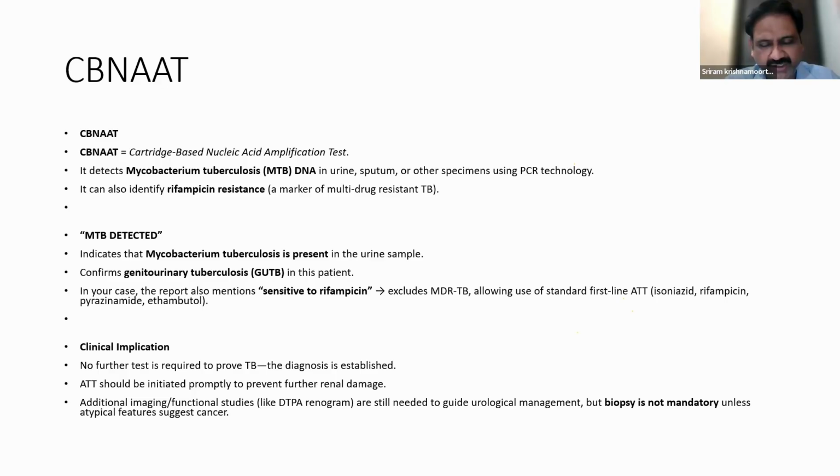And if the CB naught shows resistance to rifampicin, there is no point in continuing with INH and rifampicin. That organism will also be resistant to INH most of the times, not always. It cannot be taken as a blanket statement, but more than 90 to 95% of the times, if it shows sensitivity to rifampicin, then it is sensitive to INH also, and if it shows resistance to rifampicin, it is resistant to INH also.